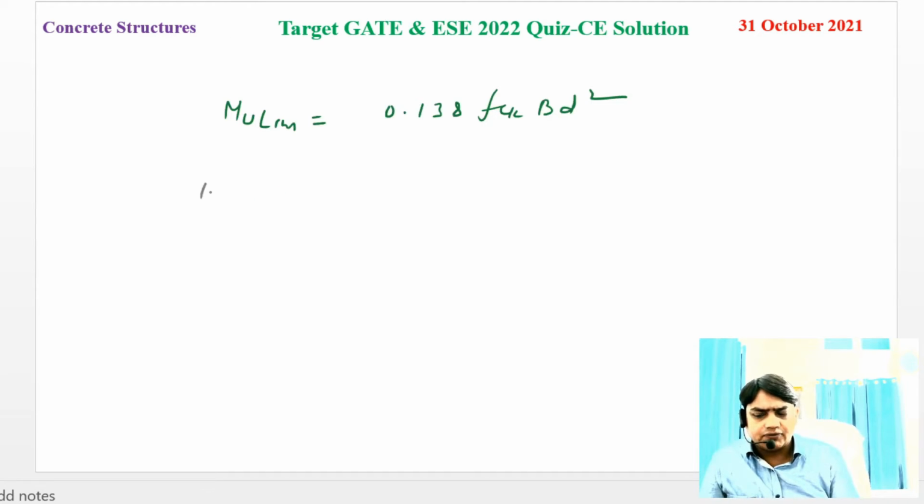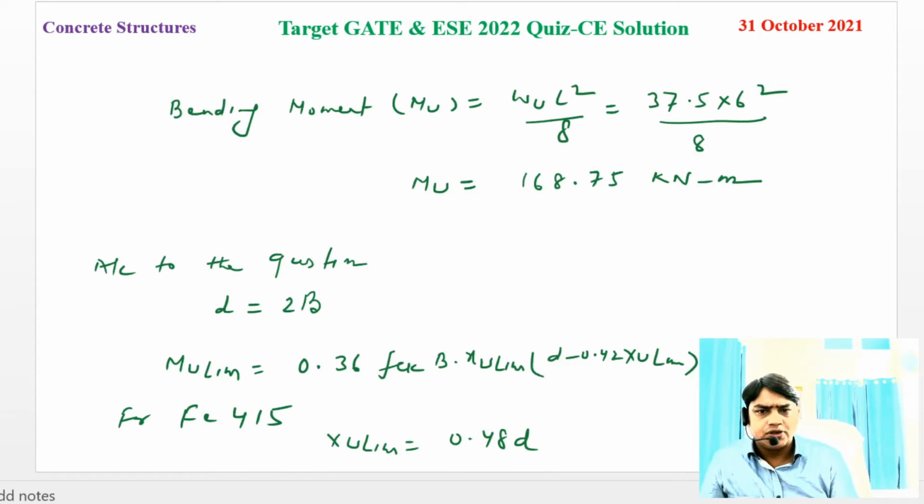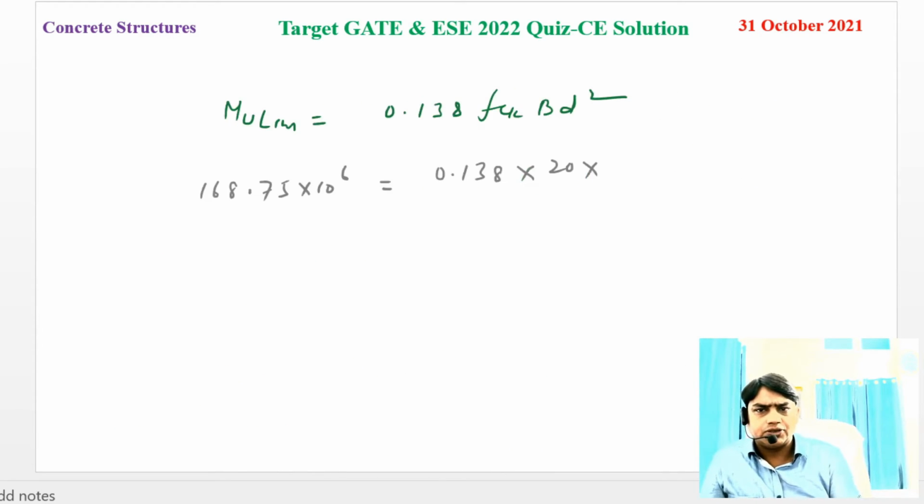Moment is given, that is 168.75 into 10 to the power 6 Newton mm. So it will be 0.138 into grade of concrete is 20. The value of b can be written as b is equal to d by 2. So d by 2 into d square.